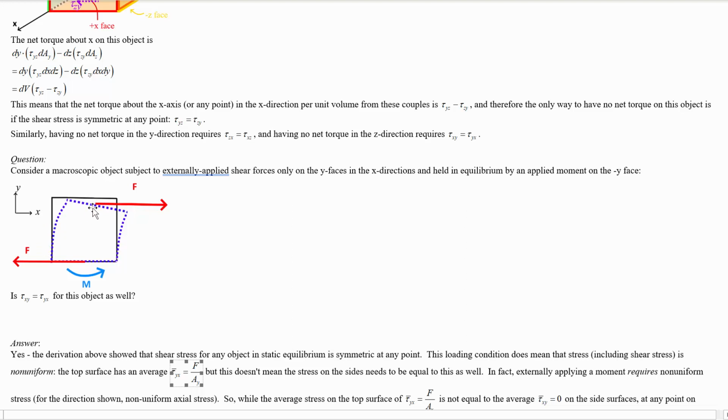So the stress up here, yx on y in the x direction, which is definitely non-zero because we're applying this shear force, is not going to be equal to the stress on the side because it's a free surface. But at any individual point, we'll still have that tau xy is equal to tau yx.